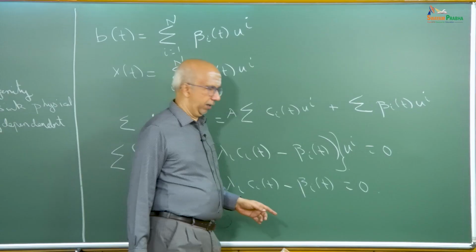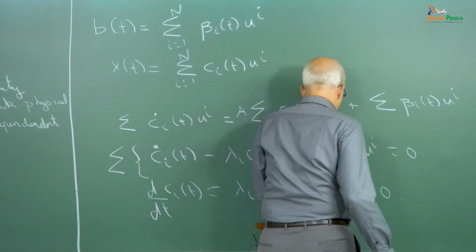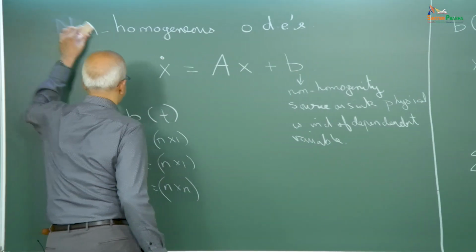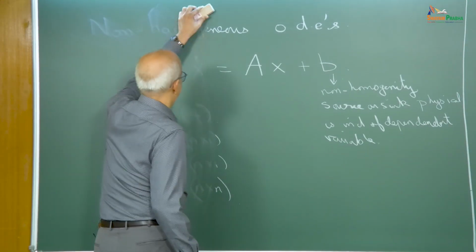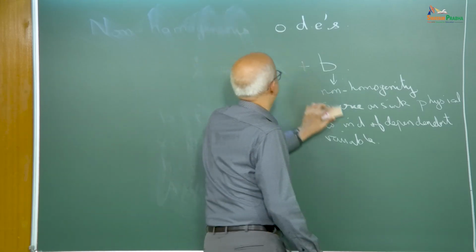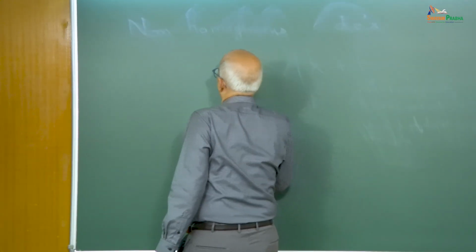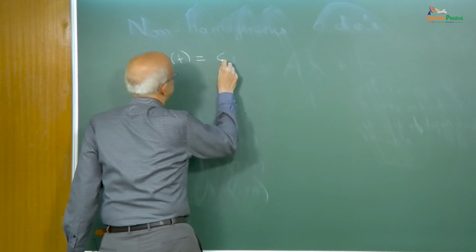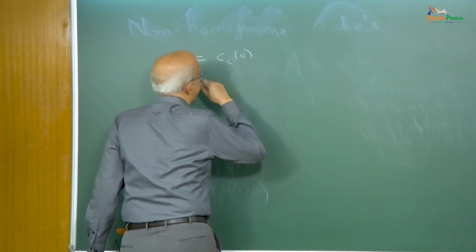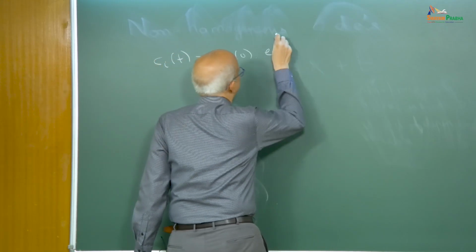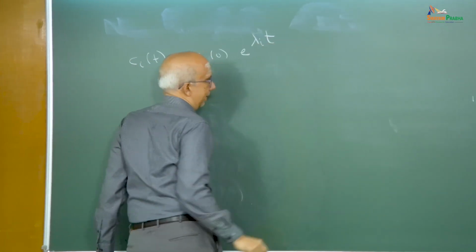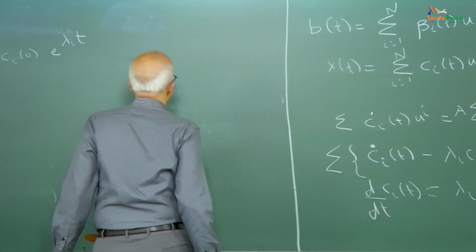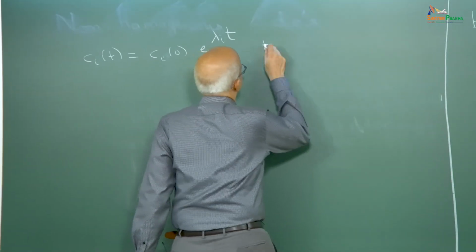Now, again, what is the solution to this equation? So, these are just individual equations, each of this is for c_i, and the solution to this equation c_i of t is c_i(0) e^(lambda_i t) plus.